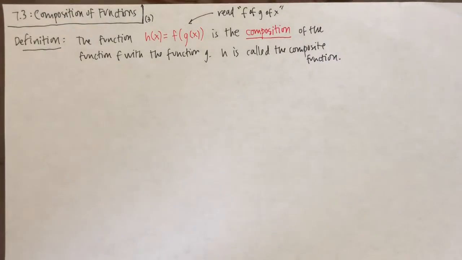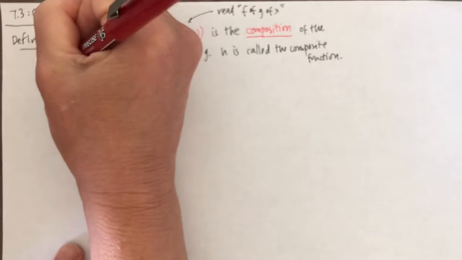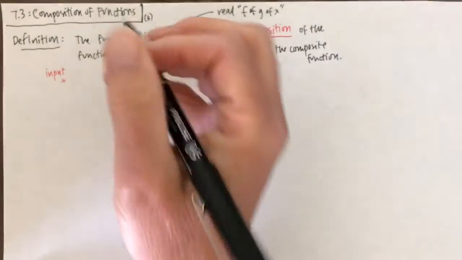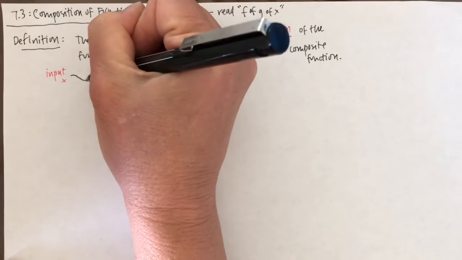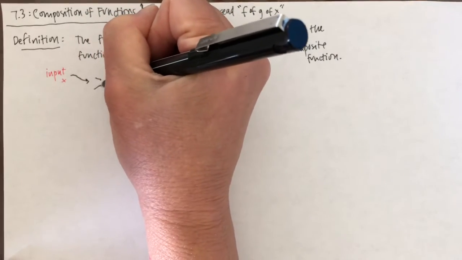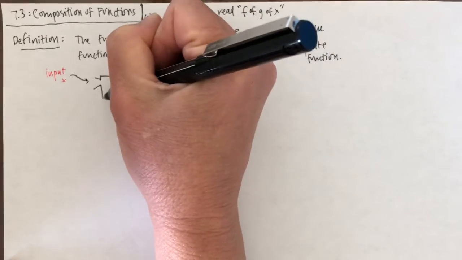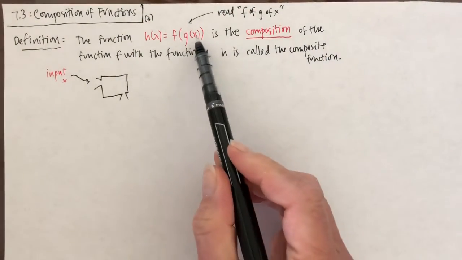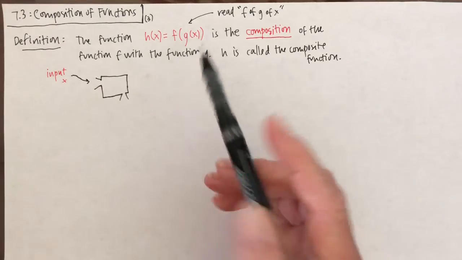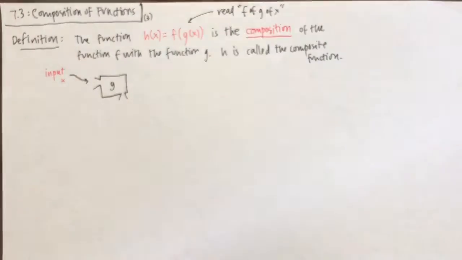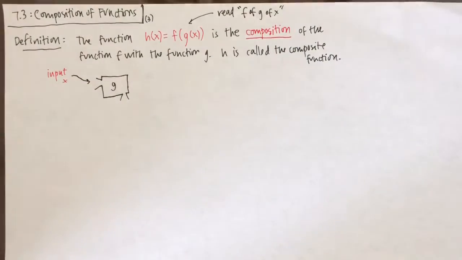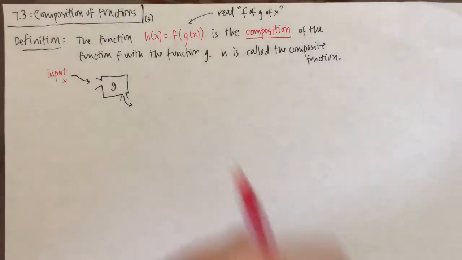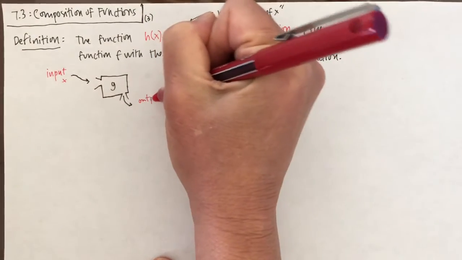And the idea is we've got this input x, and it's going to go into a function. And the very first function that it hits, x is going to first go into the function g. And out of the function g, we'll have an output.